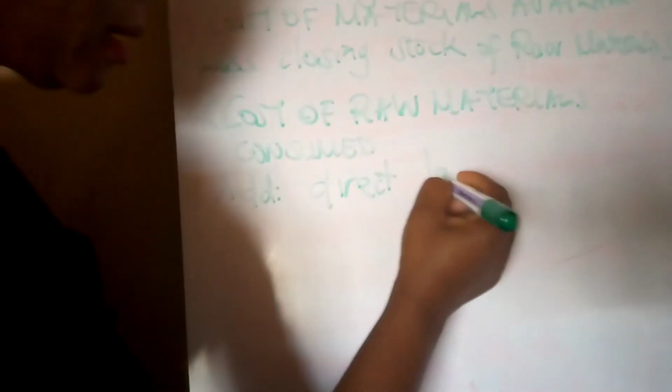Now we have to look for the second component, and the second component is the prime cost. On the prime cost, we are just going to add all the direct labor or direct wages, direct labor measured in wages that the firm will pay.